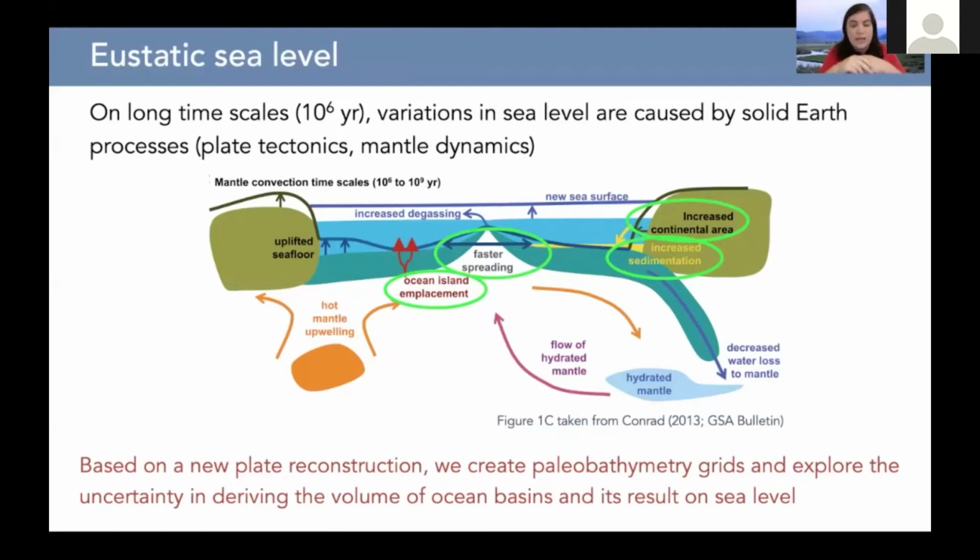We also looked at large igneous provinces, but we improved our workflow by looking at the swell component of these large igneous provinces, and also reconstructed the conjugate LIP segments. We included a previously published, improved sediment thickness prediction, which was published by Adriana a few years ago.